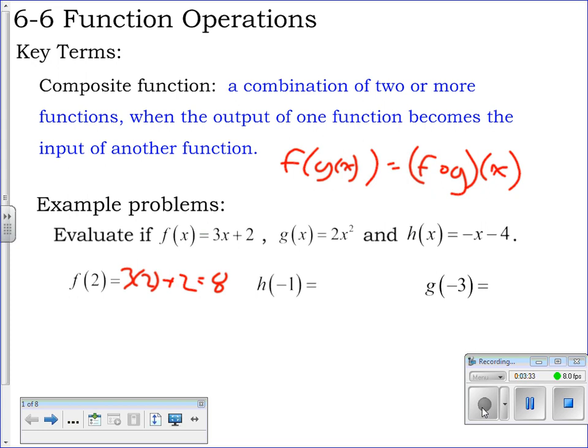If I want to do h of negative 1, well, h is negative x minus 4. Took x, replaced it with negative 1, so I have negative of negative 1 minus 4. Whatever x is, I replace it with negative 1 and evaluate. Negative of negative 1 is 1, minus 4, get negative 3.